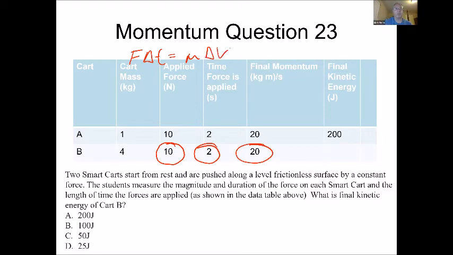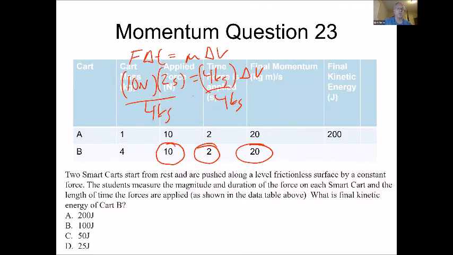All right, and here's what we know. We know that the force is 10 newtons. Time is 2 seconds. The mass of cart B is 4 kilograms. So let's solve this for delta v by dividing both sides by 4 kilograms, and we end up with a change in velocity of 5 meters per second.